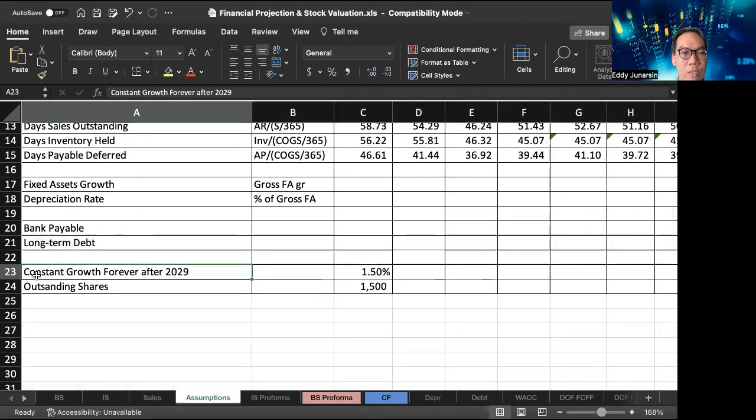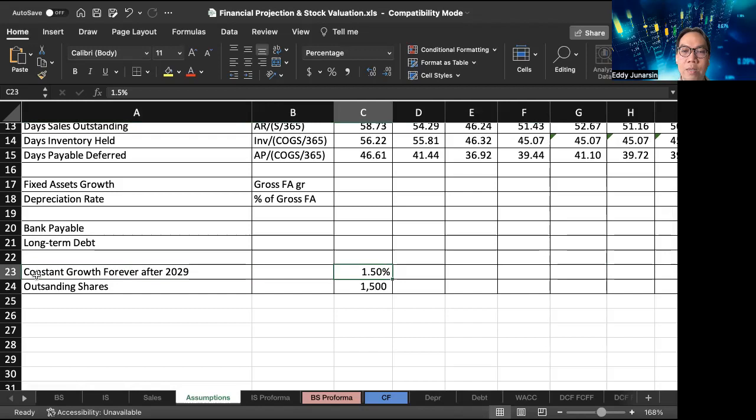The next one, what is the constant growth forever? Later in the valuation process, we need this input, constant growth forever, after the end of our analysis period. And we're saying here 1.5%. We could argue this is the typical annual economic growth at 1.5%.